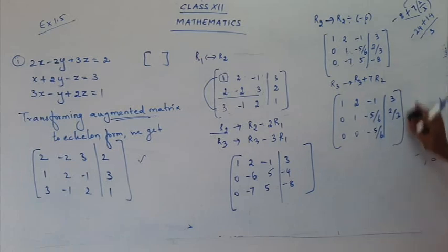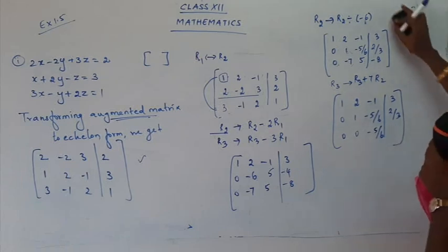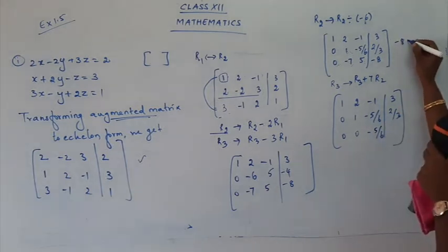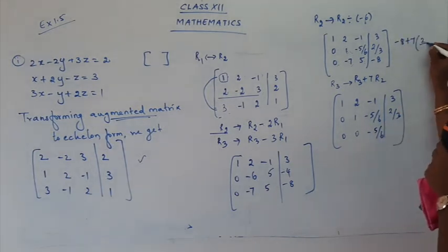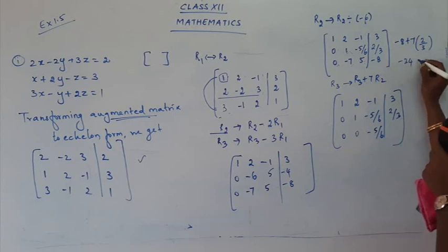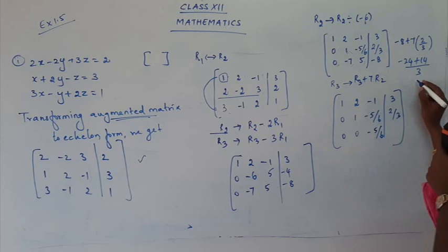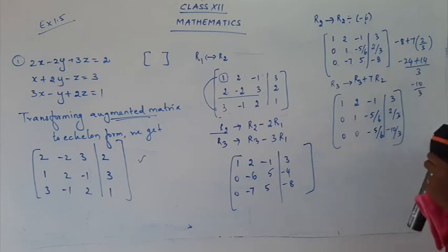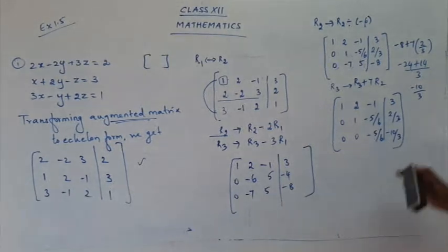I'll just show here. So minus 8 plus 7 times 2 by 3, minus 24 plus 14 upon 3. So minus 10 upon 3. Okay, so we have completed.